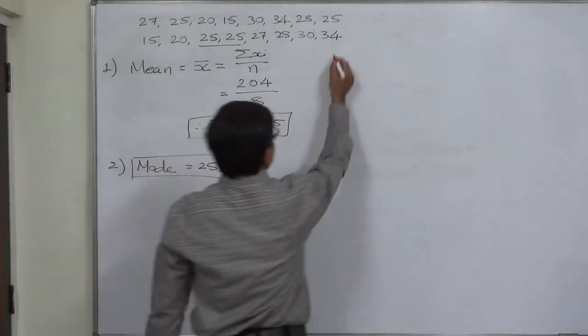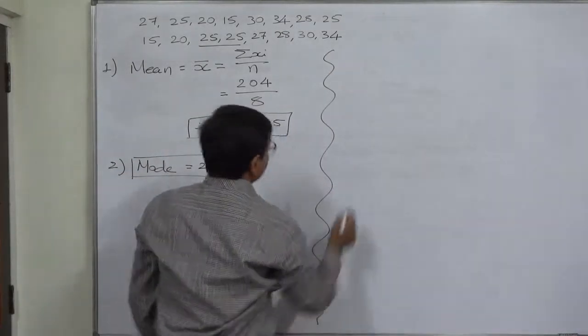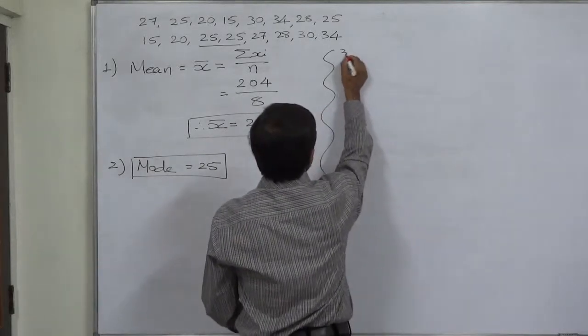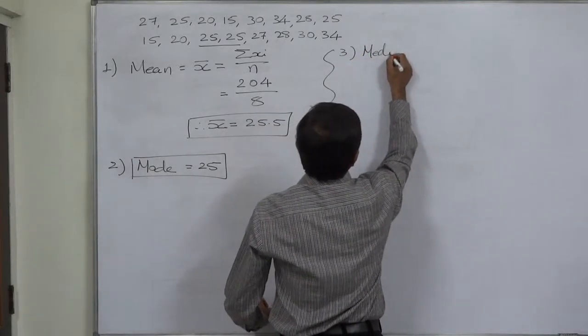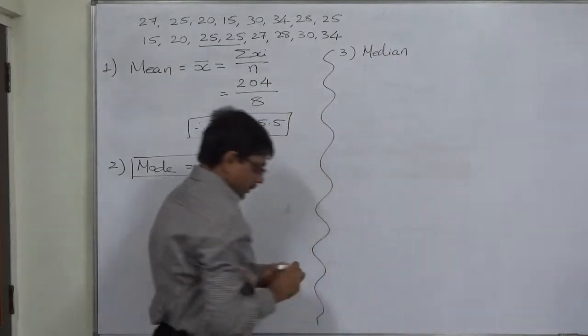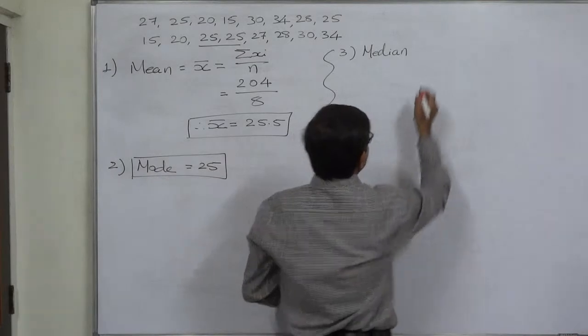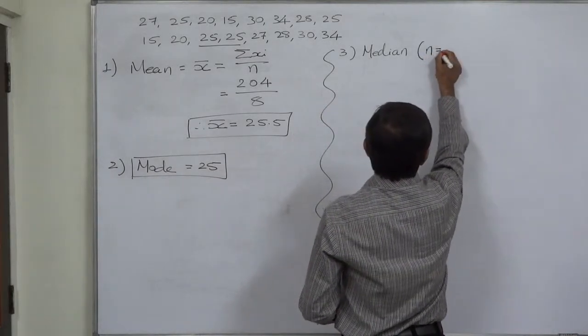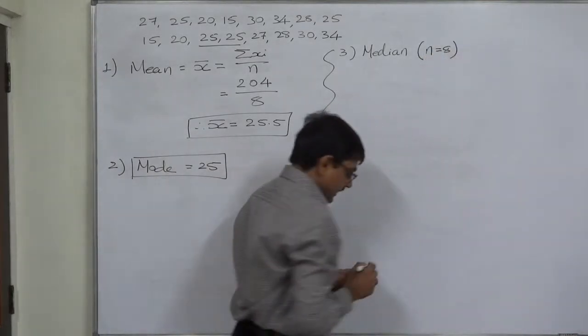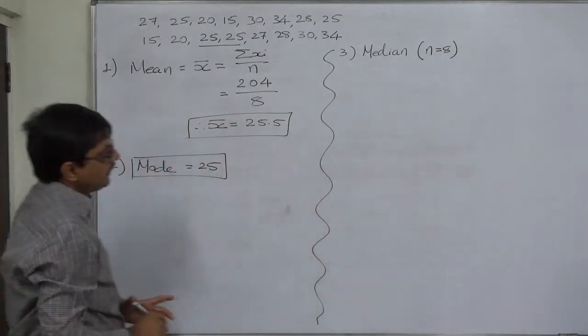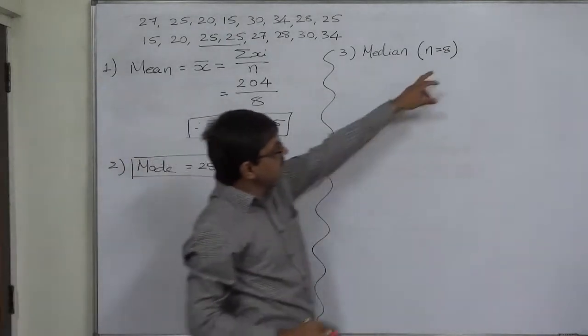And now the measures of location. The first is the head of the family, that is median. Whenever we try to find the median, first we have to be conscious about the number of observations, or sample size. Is it even or odd? It is even.